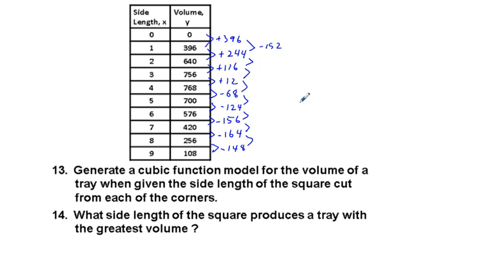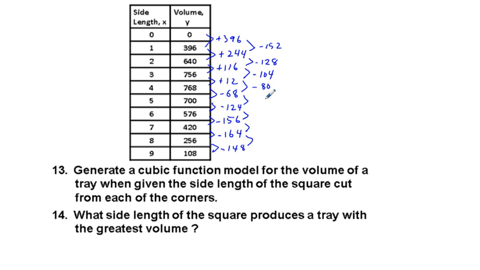We get negative 128. Then we have 12 minus 116. That's going to be minus 104. We have negative 68 minus 12. That's going to be negative 80.